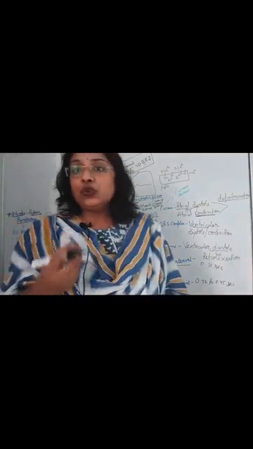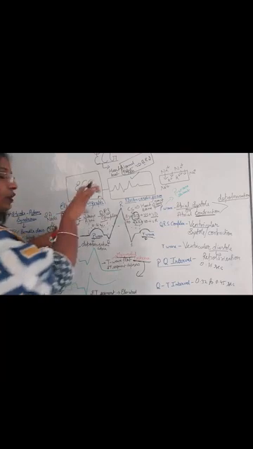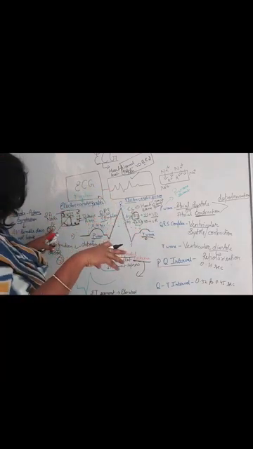Now one associated syndrome is also there, Stokes-Adams syndrome. Stokes-Adams syndrome is represented as we have seen that in the right atrium the SA node is present. The SA node generates a normal heartbeat, meaning normal contraction, 72 per minute.